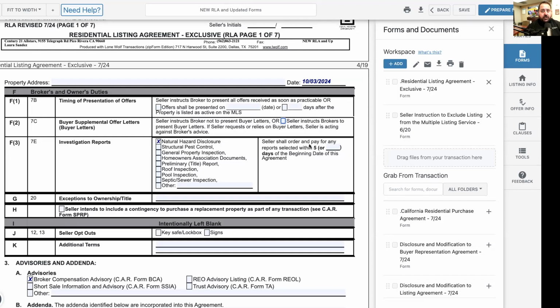When I go in and do my listing presentation with the seller, one of the things that I'm going to let them know is, hey, for example, this is in the city of Southgate or Compton or wherever else there's a city pre-sale inspection. By the way, we have a pre-sale inspection. Before we put your house on the market, we're going to make sure that we order the inspection so that we can get it back in a timely manner.